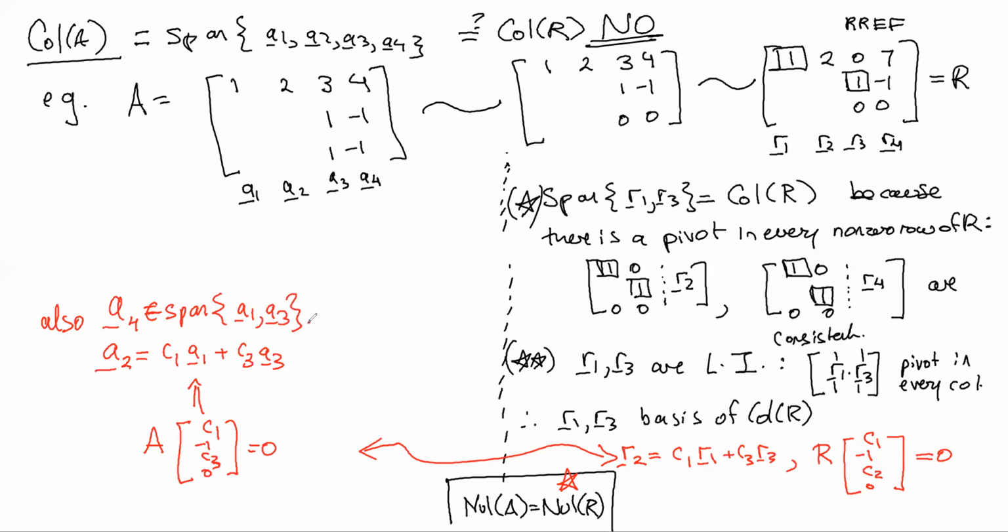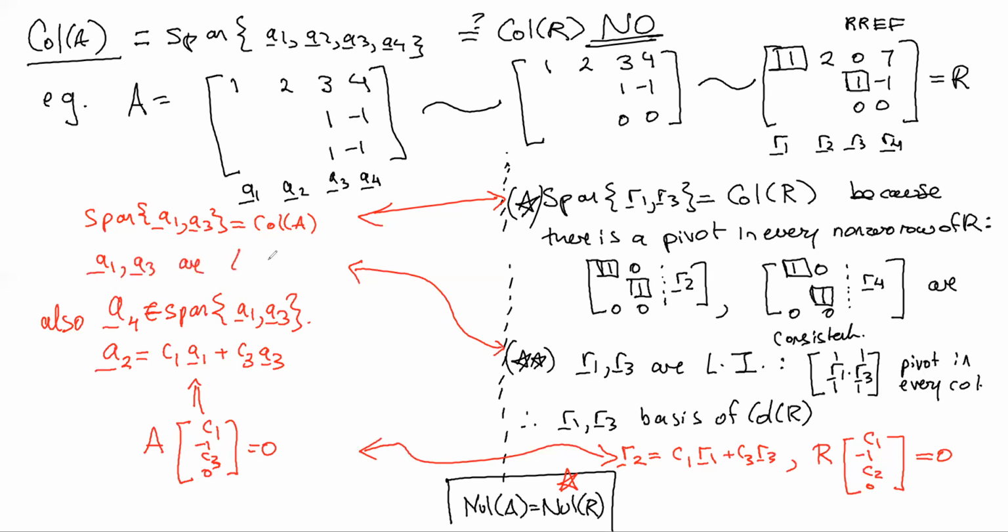And so I can actually recover this fact: the span of A1, A3 equals the column space of A. And by similar reasoning, I'm sorry I've run out of time. I'll go over more detail next time. I can also transfer the linear independence of A1, A3. And together, this means that the pivot columns form a basis of the column space of A.